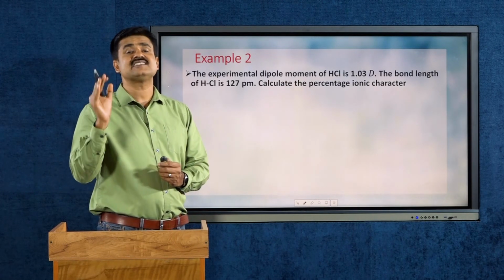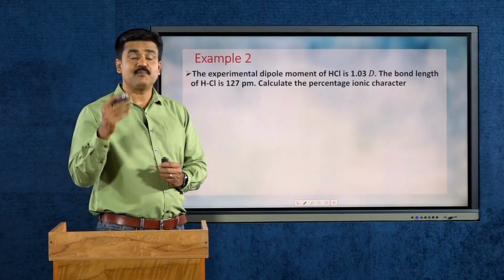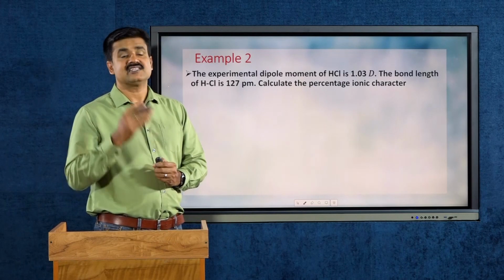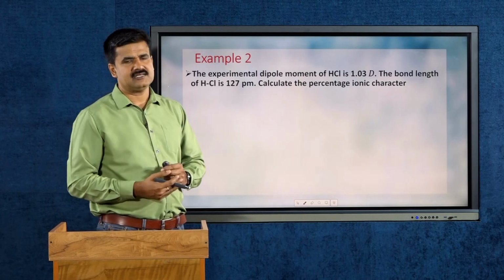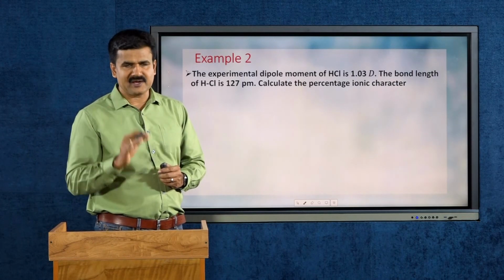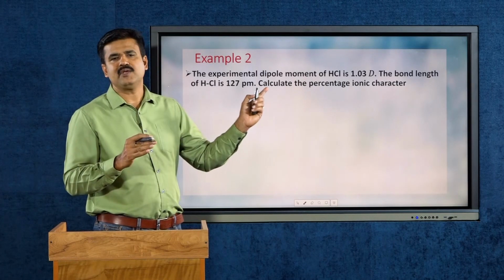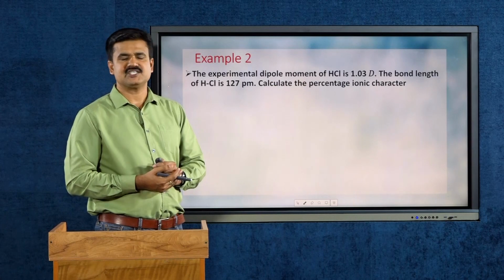That is, all HCl molecules exist as H+ and Cl-. We should get the dipole moment for such an arrangement. That is, mu ionic should be calculated from this bond length. So, we have to proceed in a systematic way to get to mu ionic. We already have mu observed, then you have to use the equation for getting the percentage of ionic character.